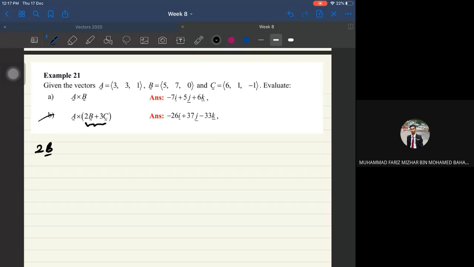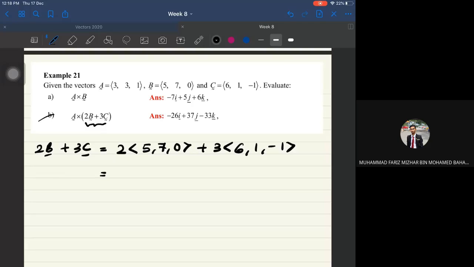So 2B plus 3C equals, 2 times B which is 5, 7, 0, plus 3 times vector C, 6, 1, negative 1.